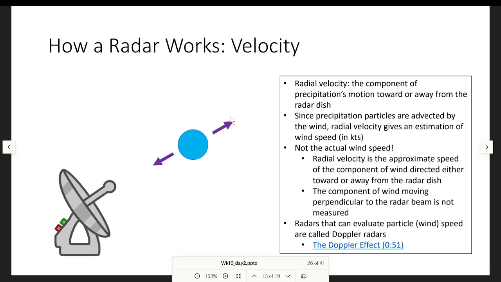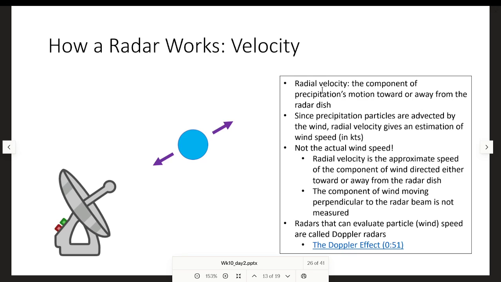These two arrows are like radial velocity because they're pointed towards the center of the circle. So this is the component of precipitation's motion toward or away from the radar dish.